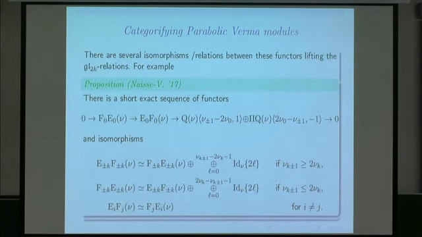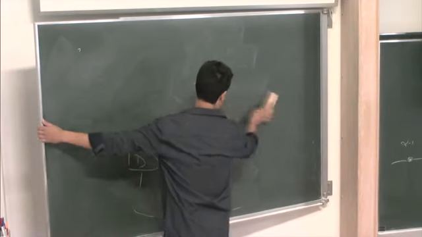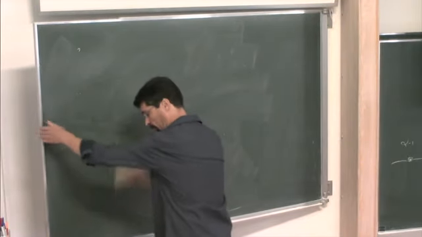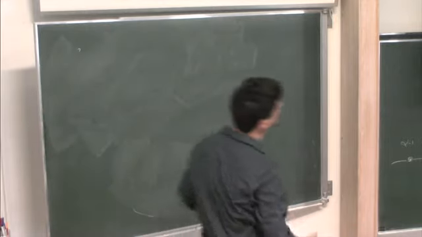Now, there are several relations involving these functors. For example, there is a short exact sequence of functors. So what do I mean by that? So first, E and F are defined on the weight space nu.